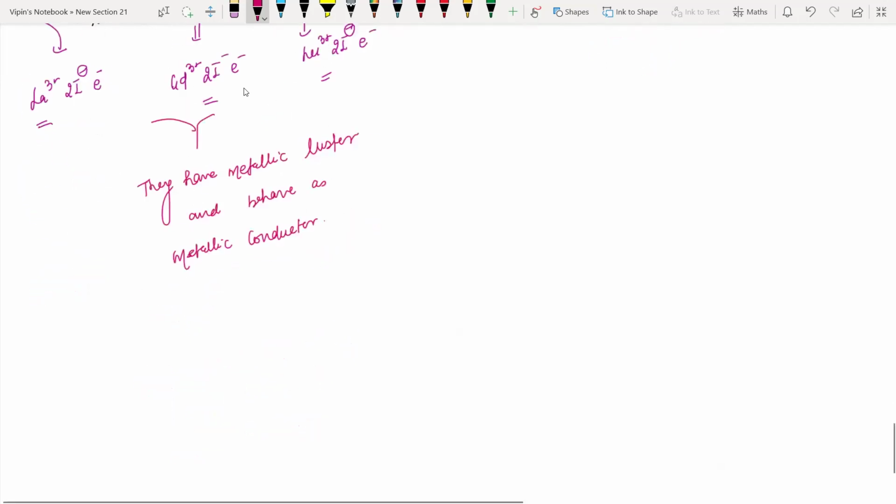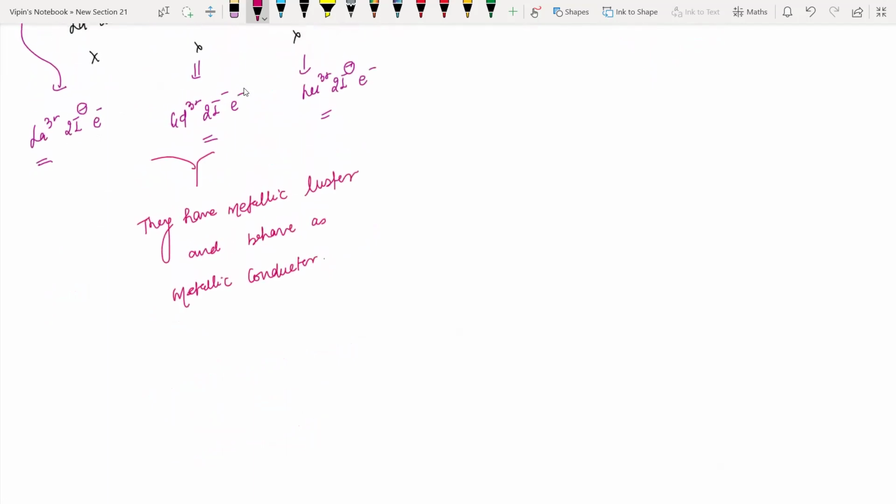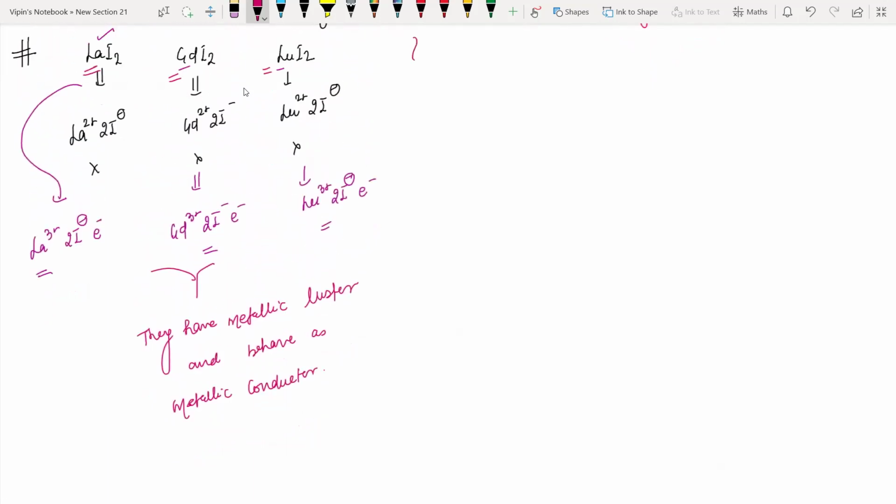So this is all about that. Now, another important thing related to the plus 2 oxidation state is that two metals, europium 2 plus and Yb2 plus, are the most stable, as the plus 2 oxidation state of lanthanides is most stable, right?